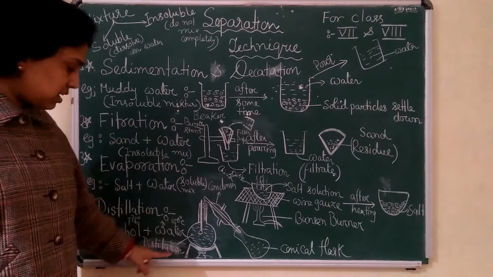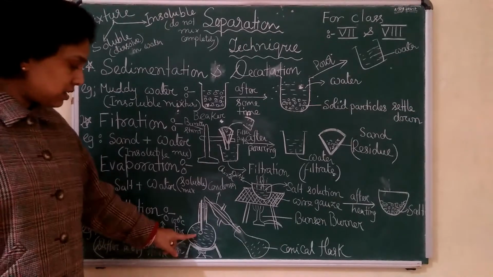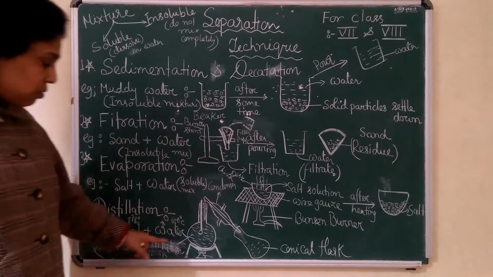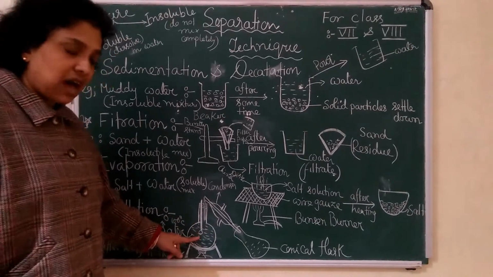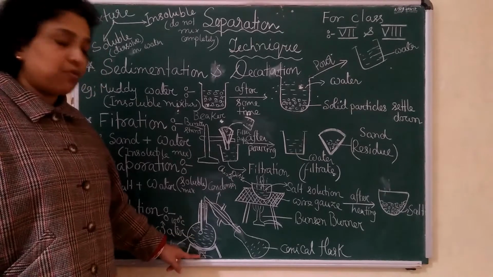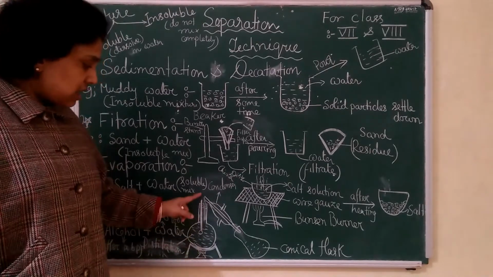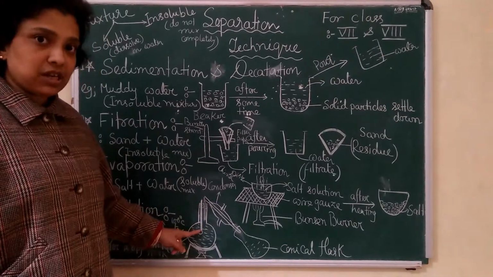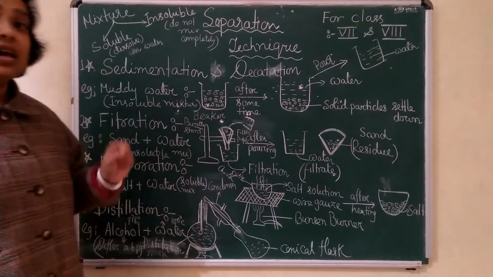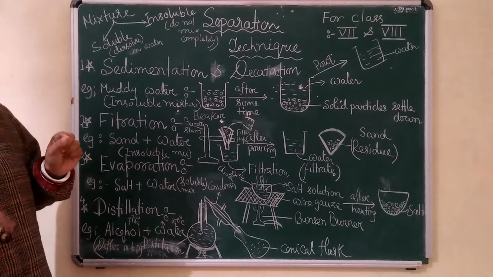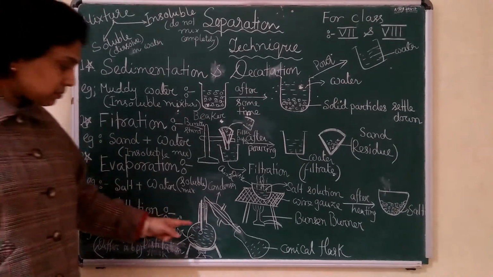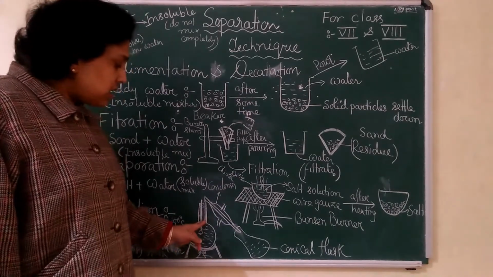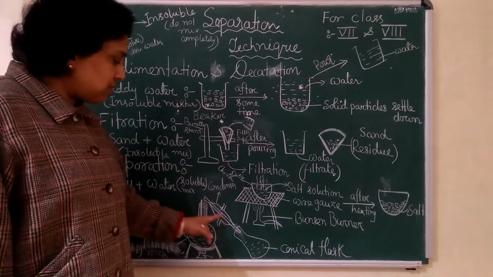What is this apparatus called? This is called a distillation flask. This whole unit is called a distillation flask. When the mixture is taken in the distillation flask and we heat it with the help of the Bunsen burner, inside the distillation flask there is a thermometer. With the help of the thermometer you can check at what temperature the liquid is evaporating. Inside there is a thermometer and one delivery tube. This is a delivery tube.